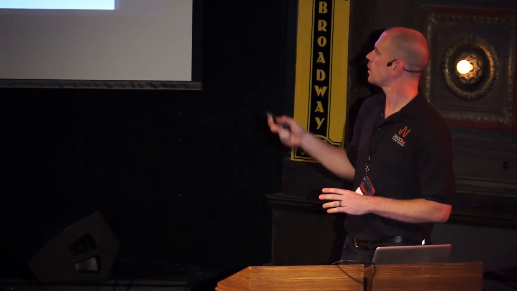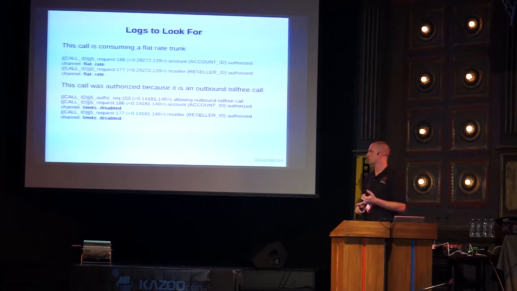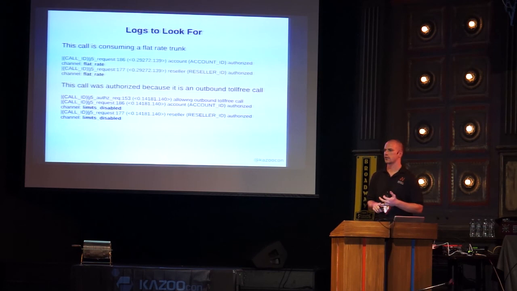If you're looking at the logs, you can tell how the call was authorized by looking for these. The call has to be authorized not only by the account's limits, but also by the reseller's limits. And so if either one of those denies, the call will be denied. Both have to allow it.